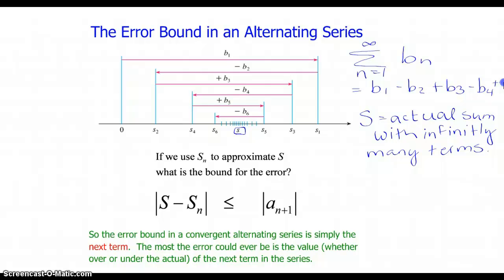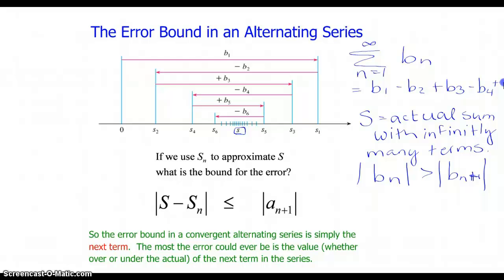Now, the one baseline that I want us to understand is that we are talking about a convergent series. And we talked about the fact that each term in the series had to be bigger than the next term in the series for an alternating series. And that is the case here.